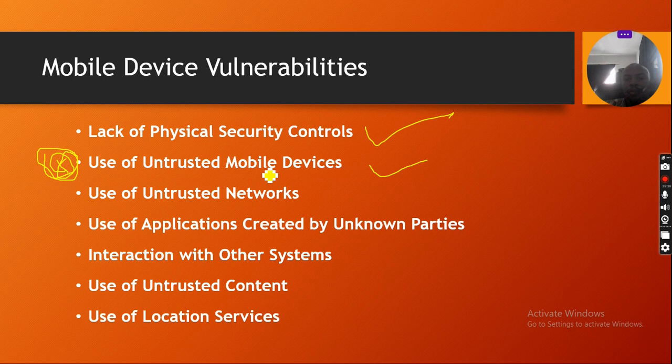This is to prevent the use of untrusted mobile devices in your network, because the adversaries can, through these mobile devices, access your organization's database and files, and this will create a huge loss or breach of information, which will cost you billions of dollars.